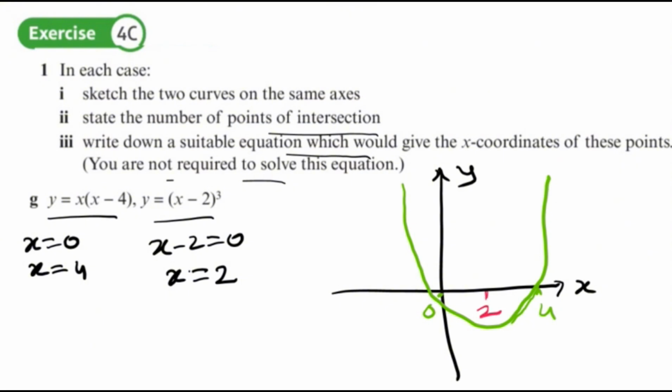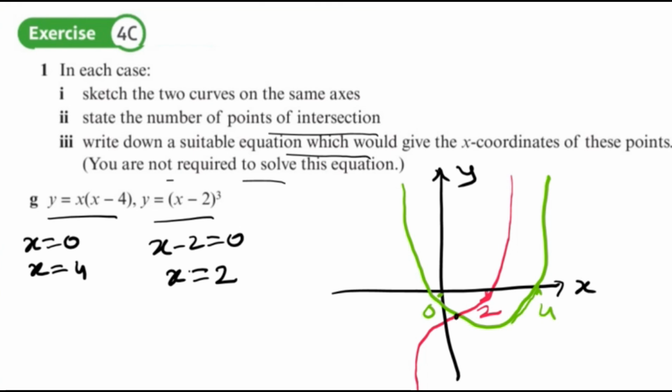It's a positive cubic, so we have to start like this here and pass like this. This is the graph for the cubic. Now we have to write a suitable equation which would give the x coordinate of these points.